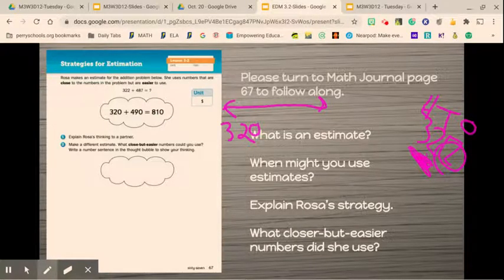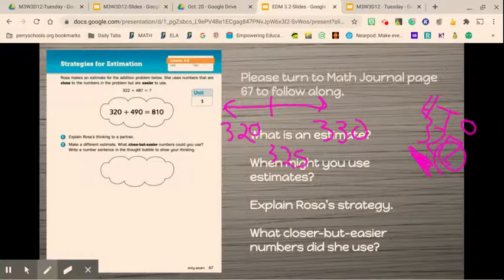So kind of forgetting about the hundreds place, 20 plus 10 is going to be 30, so we're going to say 330. Then remember what we do is we put in the middle, and the middle is always going to be that 5, so it would be 325.